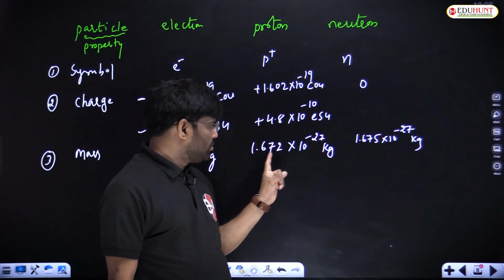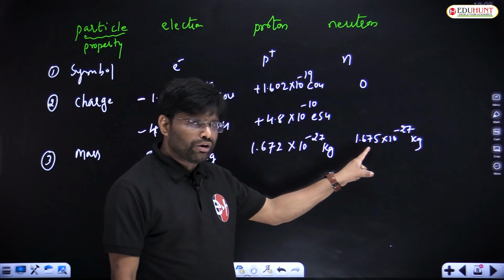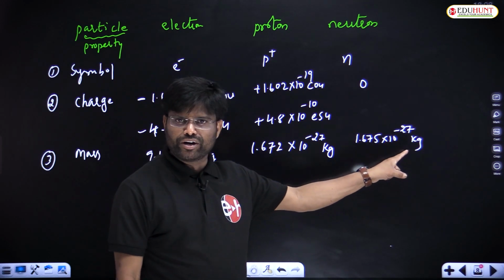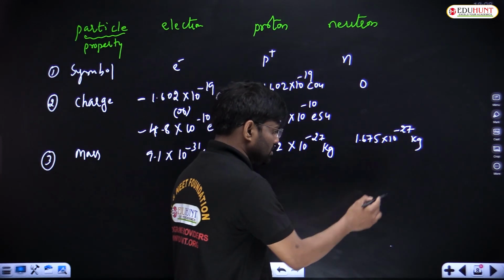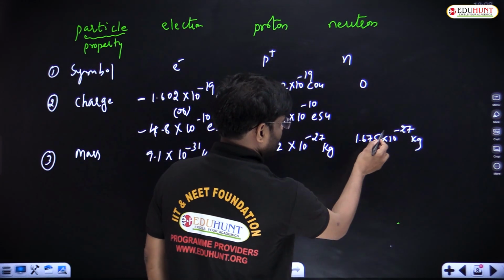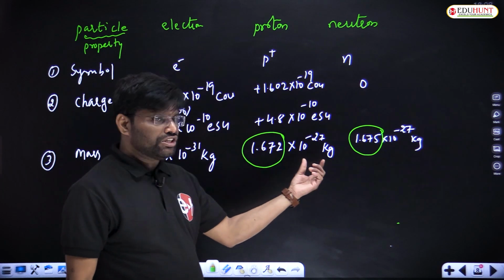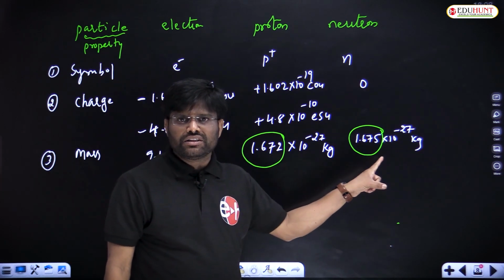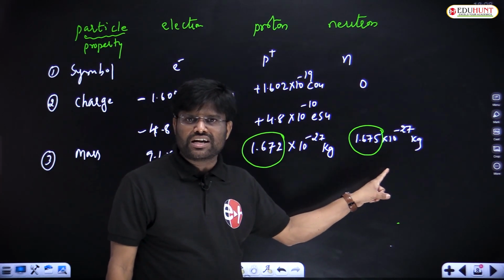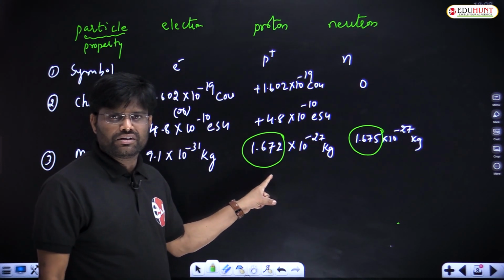Here the difference is 1.672 into 10 power minus 27, and here 1.675 into 10 power minus 27. This is only the difference; the remaining is the same. 1.675, this is 1.672. So which has more mass? The mass of neutron is slightly more than the mass of proton.